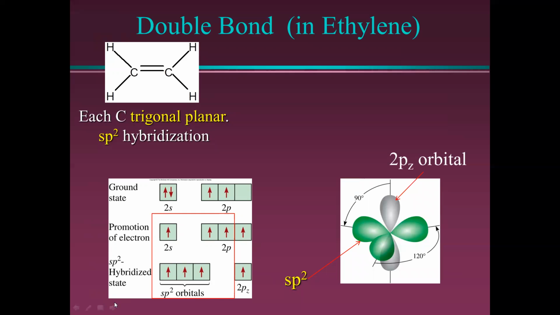Again, we could use this diagram. So this is the ground state electron configuration, if you fill it up properly, and then the excited state, so that electron is excited to here. So you have this kind of configuration.